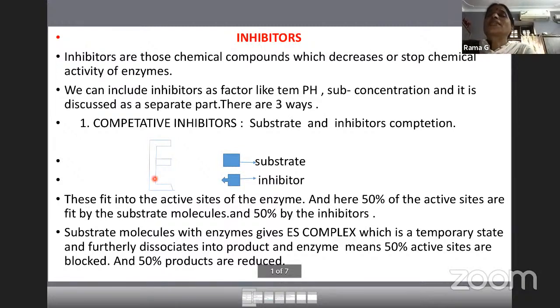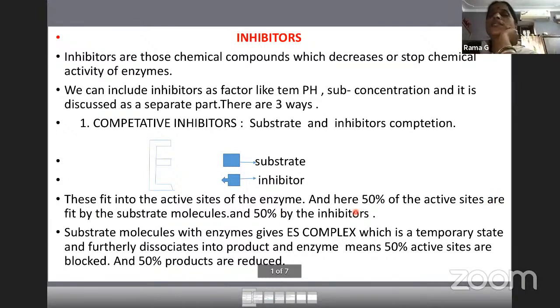Inhibitors stop the reaction or stop the activity. So only 50% of the active sites are bound with the substrate molecules, and they forward the reaction. That means they fit into the active sites of the enzyme, and 50% of the active sites are filled by the substrate molecules and 50% by the inhibitors.